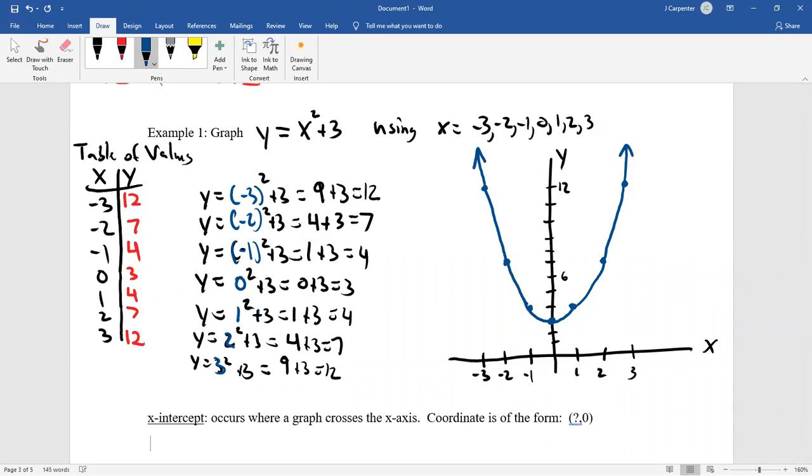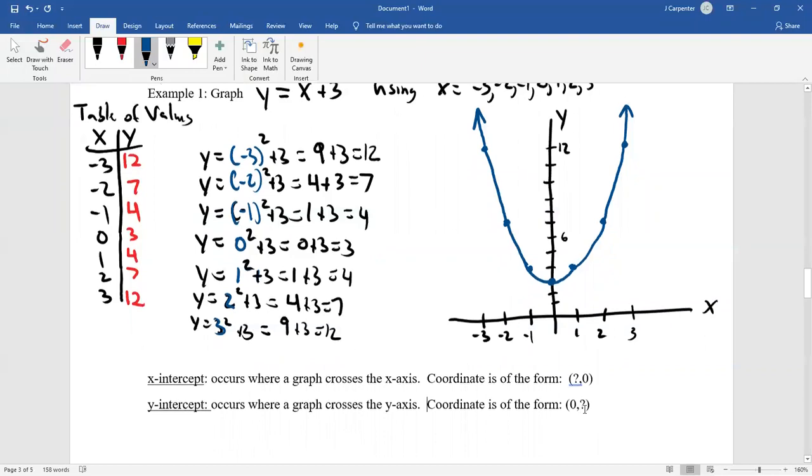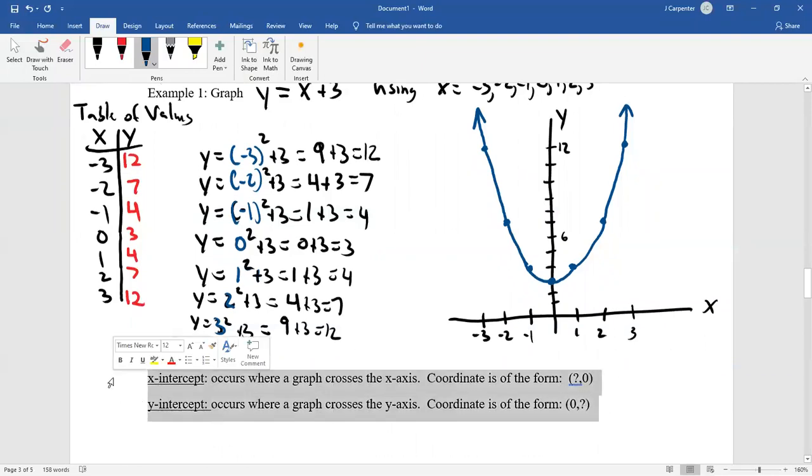Versus the y-intercept, which you can probably guess occurs where a graph crosses the y-axis. And the coordinate is of the form, just swap the 0 and the question mark: 0, comma, question mark. What I'm saying by is of the form is the fact that the 0 is opposite the name. That's the important thing here.